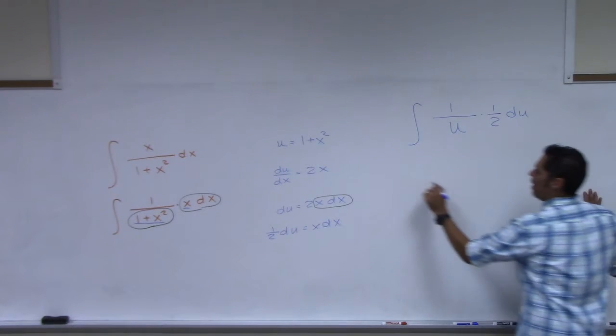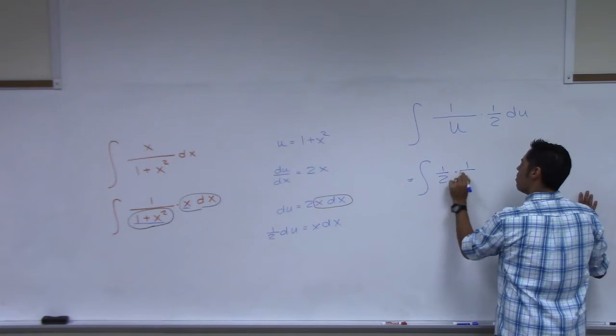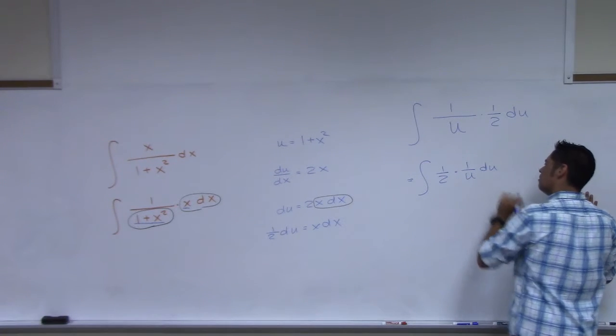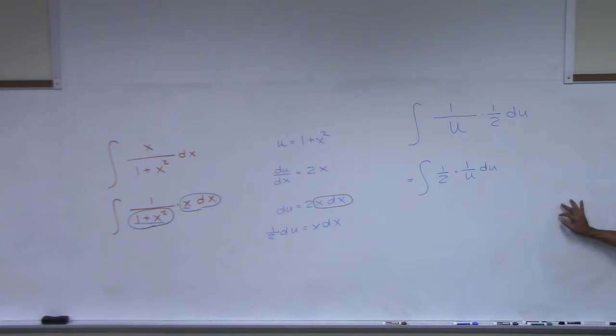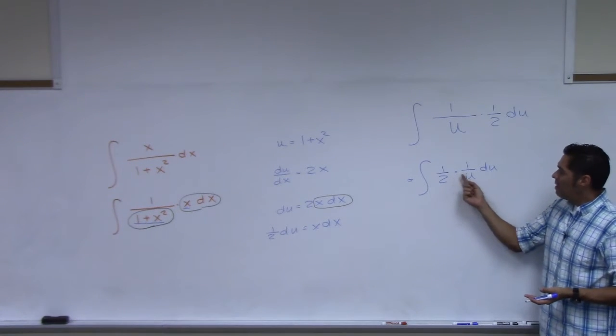And I can look at that as being 1/2 times 1 over u du. Now, I have u's instead of x's, right? But it's the same thing now as we did before, like if these were x's.